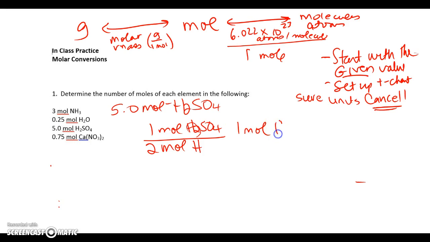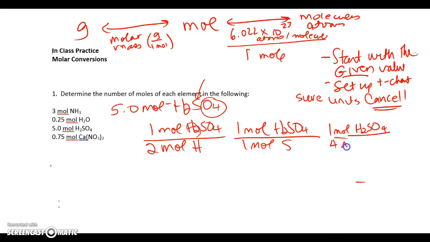For 1 mole of sulfuric acid, I have 1 sulfur atom in there. I'll have 1 mole of sulfur. And for every 1 mole of sulfuric acid, notice I have 4 oxygens here, so I'll have 4 moles of oxygen.